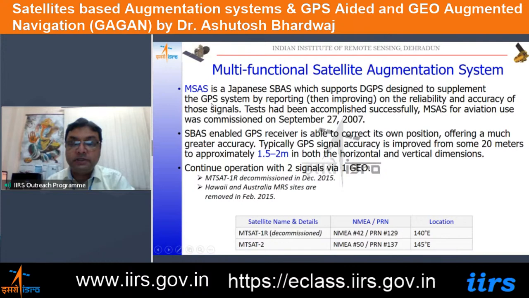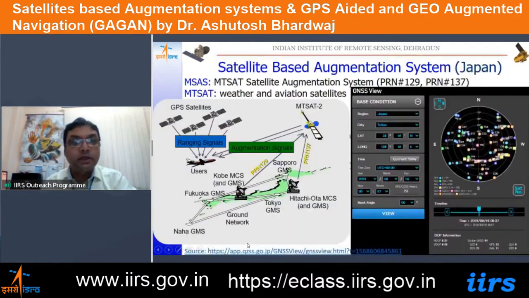See, again, GPS is providing 10 to 20 meter accuracy as a standalone, but with this MSAS system, what they are able to provide is 1.5 to 2 meter in the horizontal and vertical dimensions. That is the kind of improvement they are able to make. They are using the MTSat-2 satellite for this purpose in the geostationary orbit.